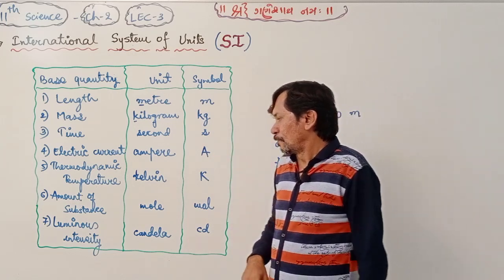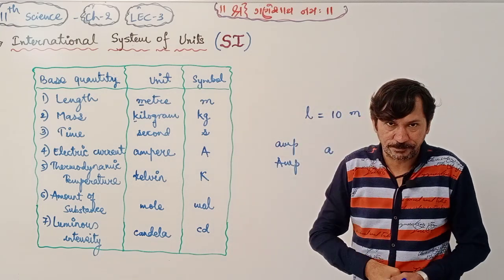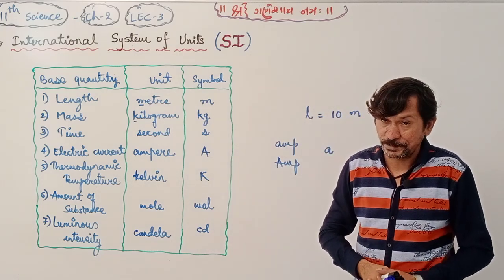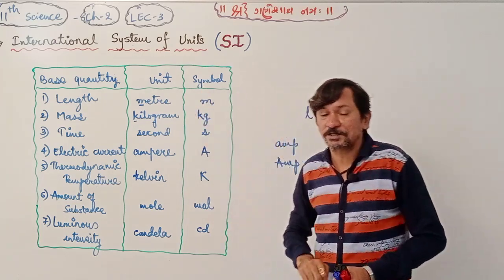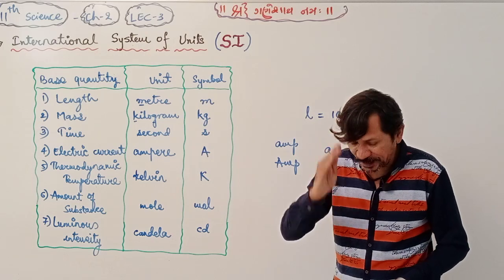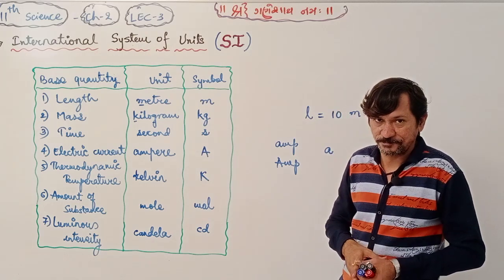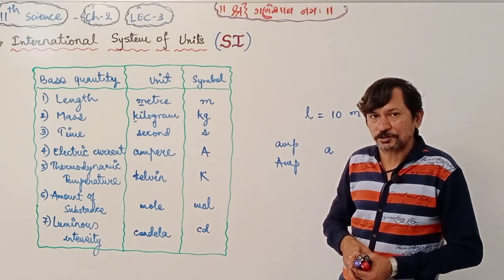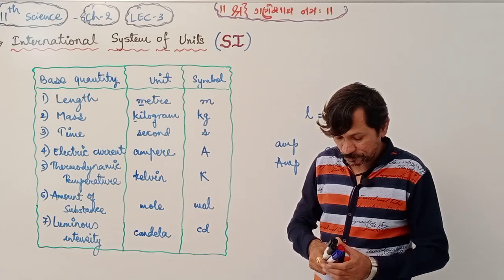One more thing is, there are definitions given in the textbook. Definitions of all these units are given in the textbook, but they are only for your information. In fact, you can't understand at present the definitions of these units. They will be taught in your college.